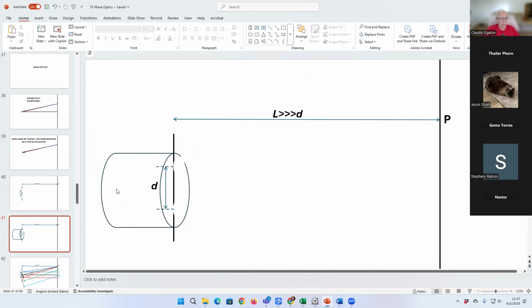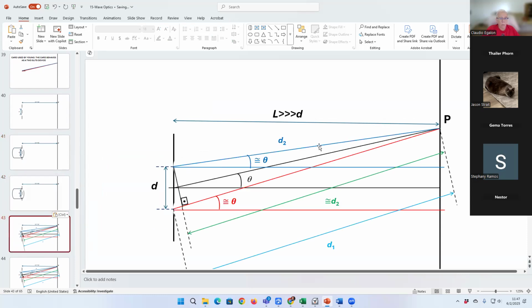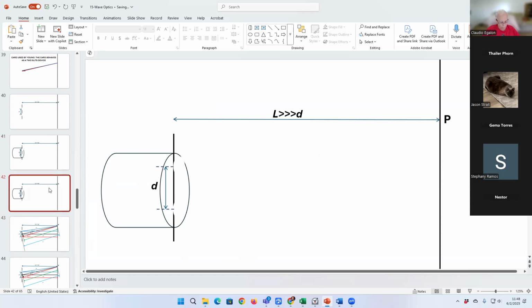My light beam is cylindrical in nature, geometrically cylindrical. And then after being incident on the slits, we are going to have one light ray propagating from the top slit, can you see that?